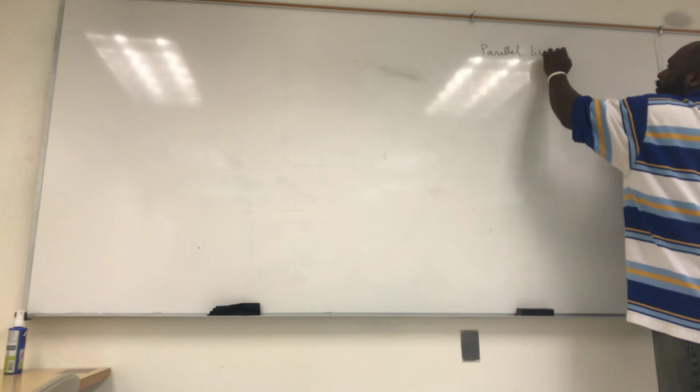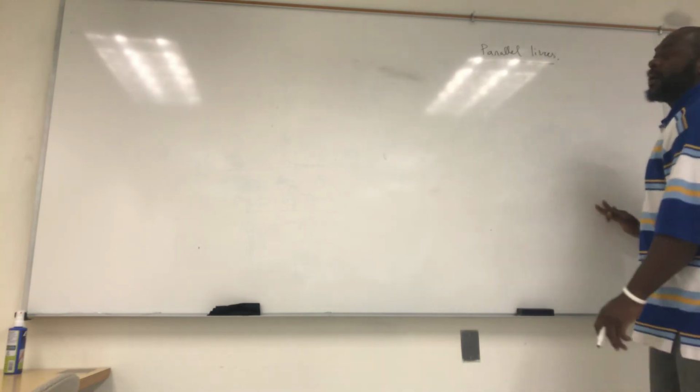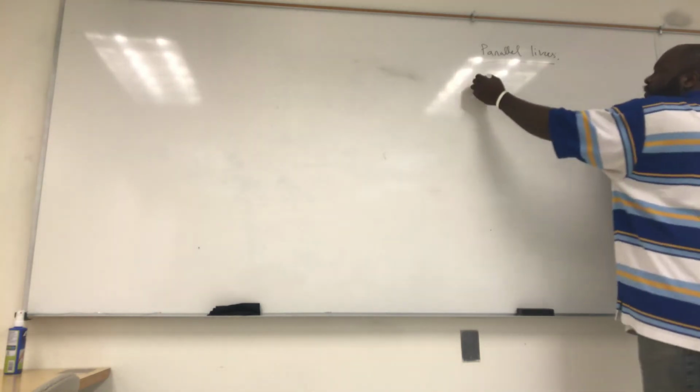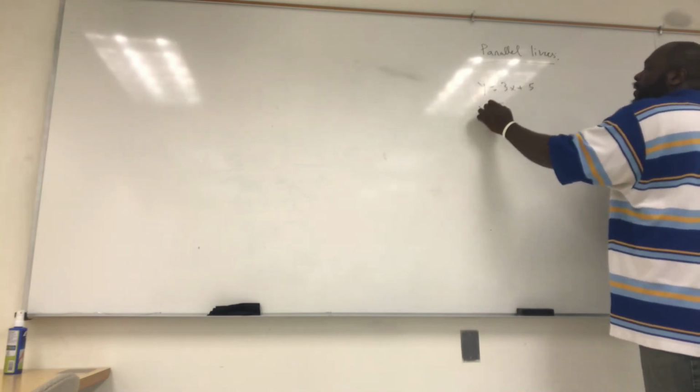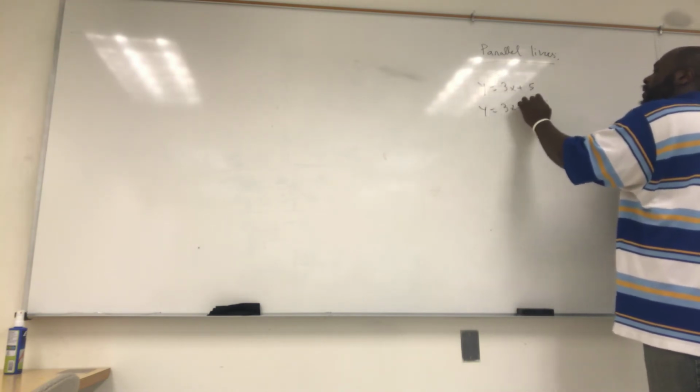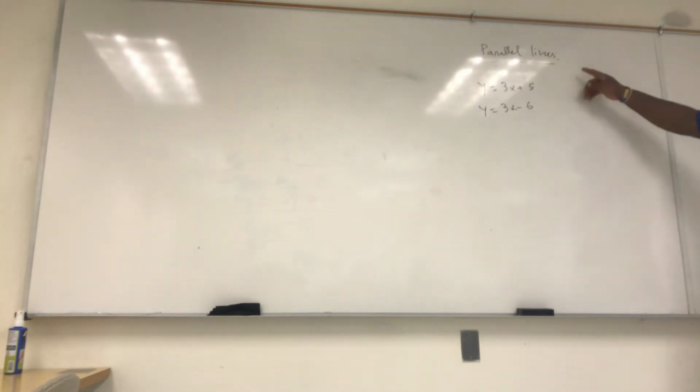So the first thing I want to find is the lines. If you look on page 140, you are given two equations there. y equals 3x plus 5, and then y equals 3x minus 6. And then we're going to introduce this idea of parallel lines here.